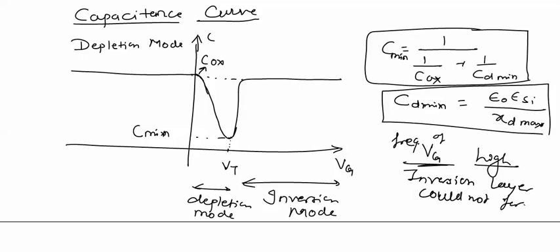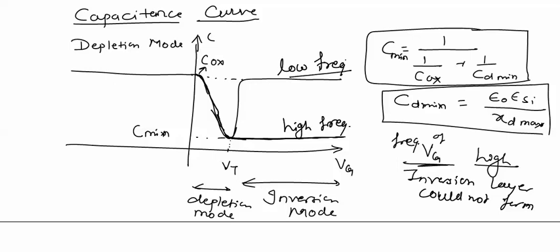If the inversion layer cannot form, then the capacitance in inversion mode also remains at its minimum value. This is the capacitance for high frequency and this is the capacitance for low frequency. This is all about MOS capacitance.